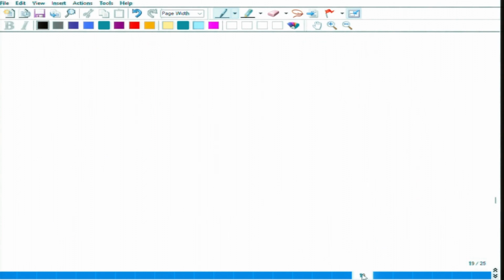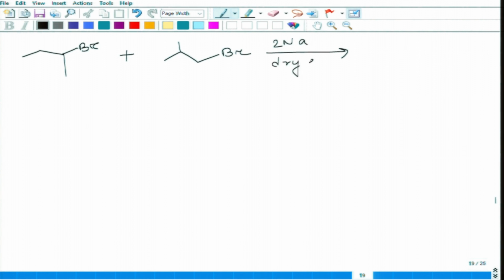Now, what will happen if we take two different alkyl halides? Let us say one is this and one is this. Okay. We have 2 sodium in dry ether.